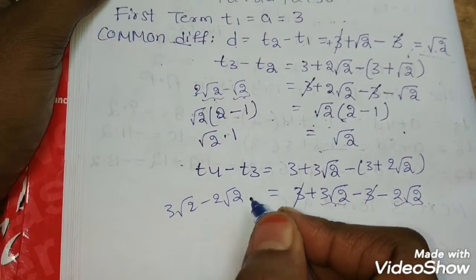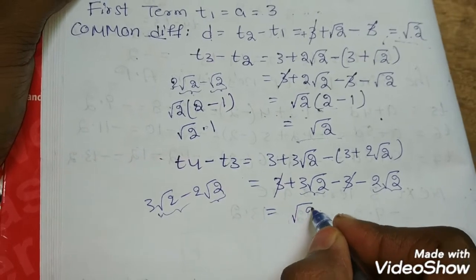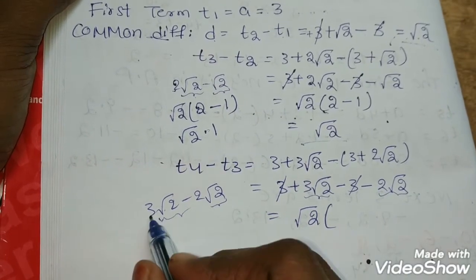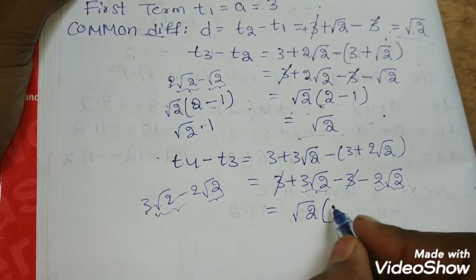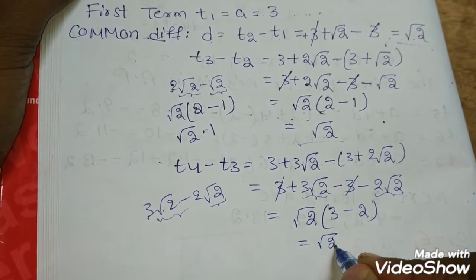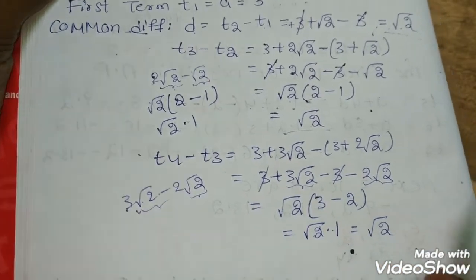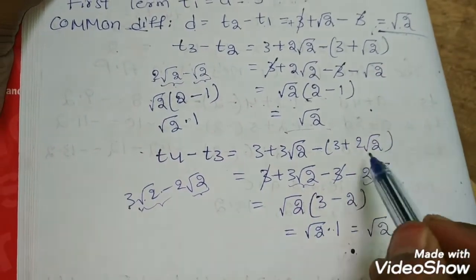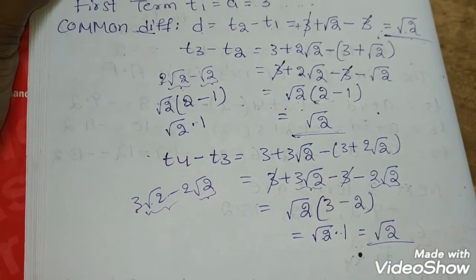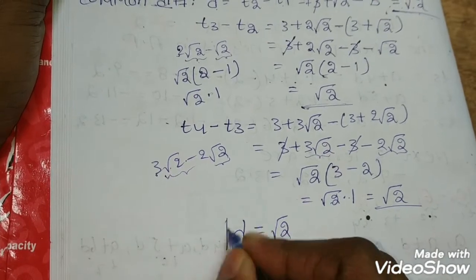Why don't you take root 2 common? And what are the remaining numbers here? 3 minus 2. What is 3 minus 2? It is 1. Root 2 into 1, root 2 itself. See, our constant value is root 2. Here also root 2. Here also root 2. So our common difference d is root 2.